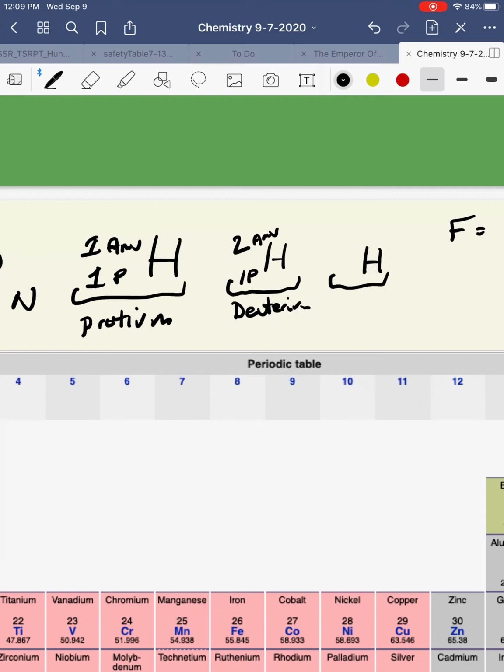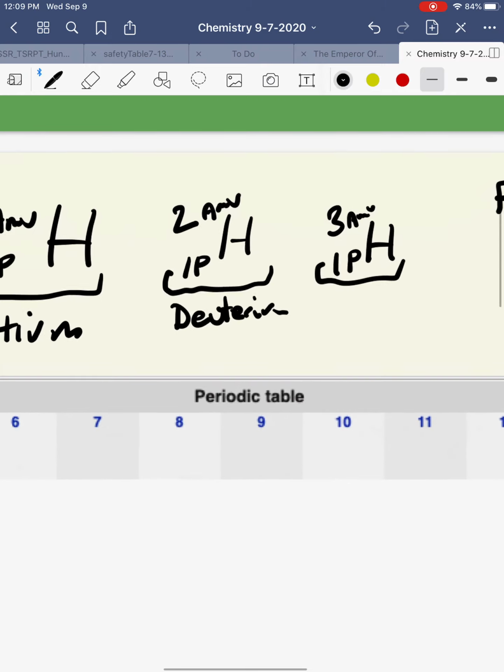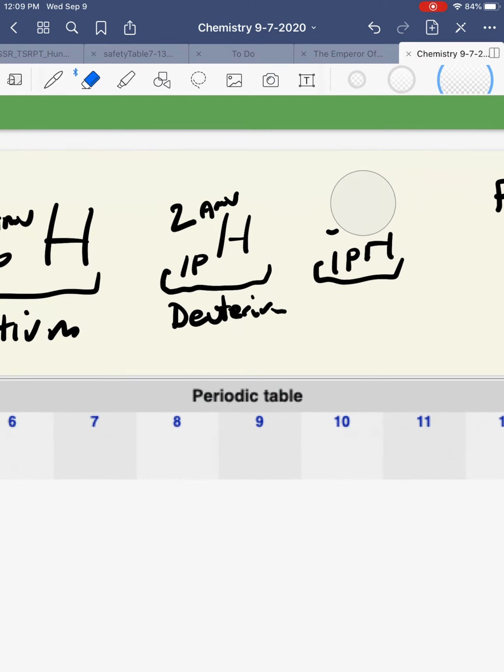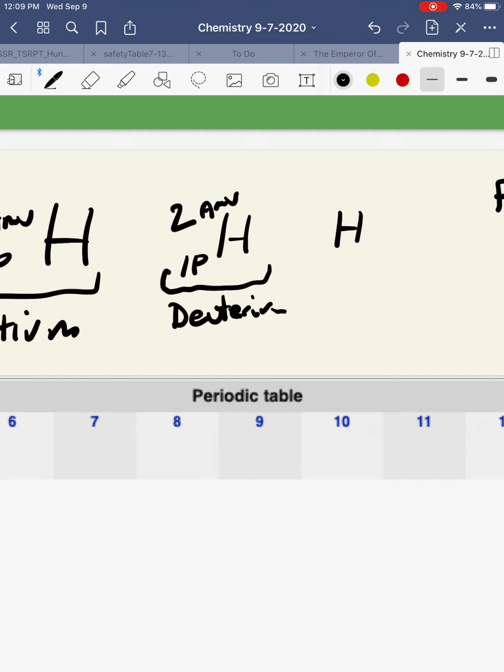Is it possible that hydrogen has 3 AMUs? And I'm not going to write AMUs here because the notation usually is you have the atomic mass on top and the protons or the atomic number on the bottom. We're going to call this tritium.